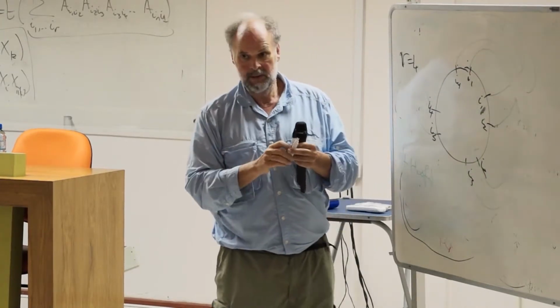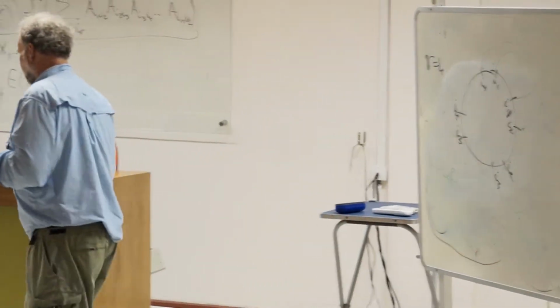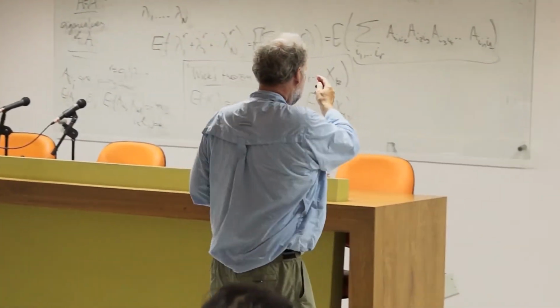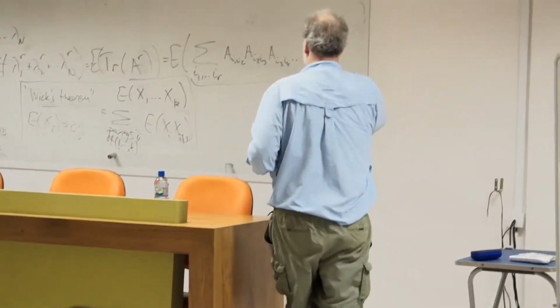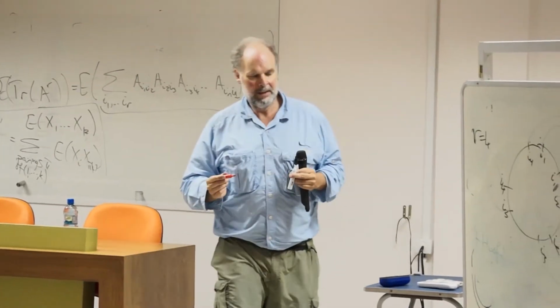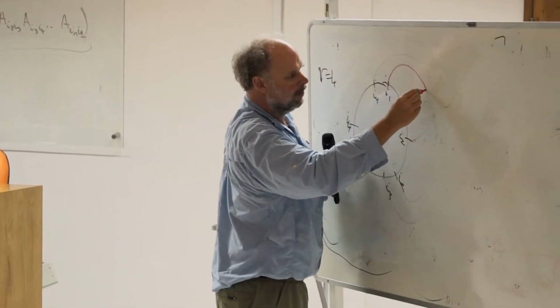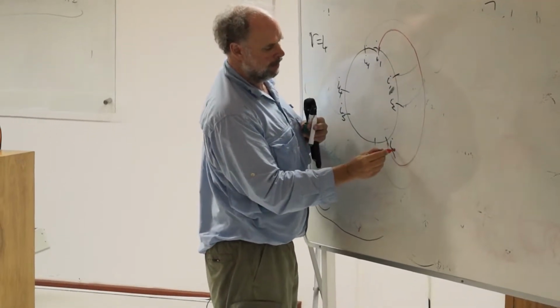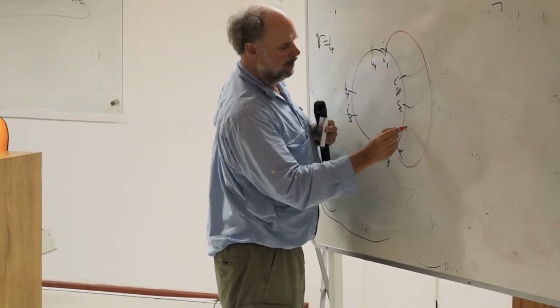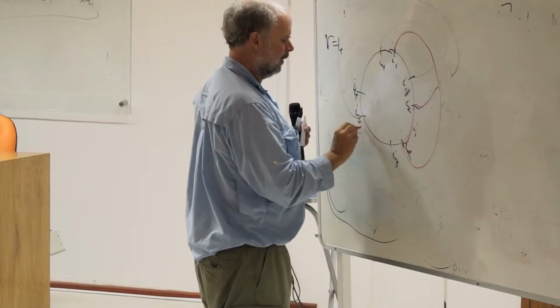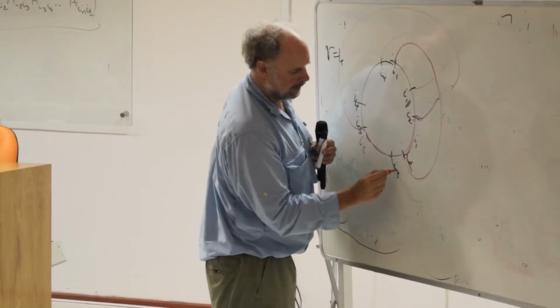And the only way that you could get a contribution in this Wick sum, to the trace of A to the R, is if the index that you see on I1 is constant along this line here. This has to be I1, and this has to be I1, and this has to be I1, and this has to be I1, and then this has to be I1.